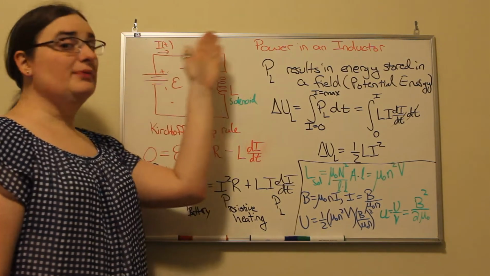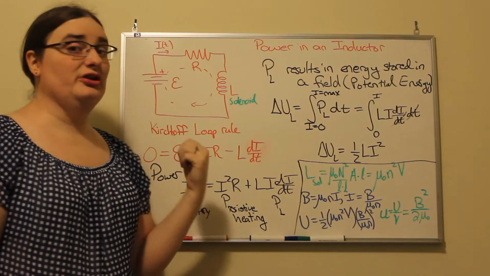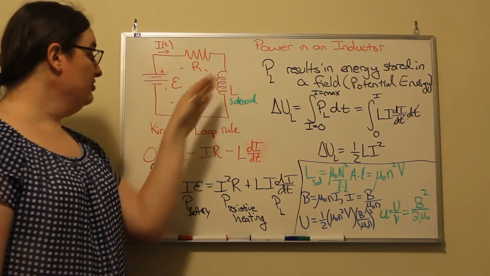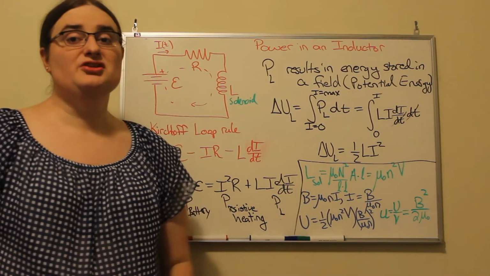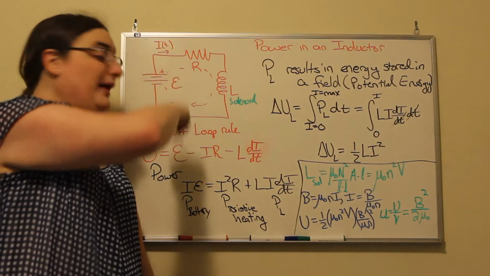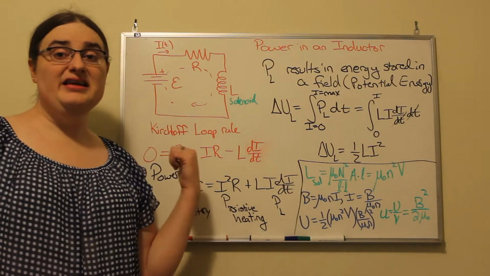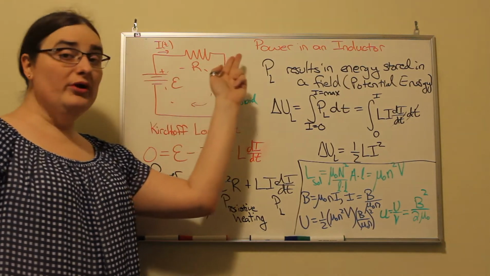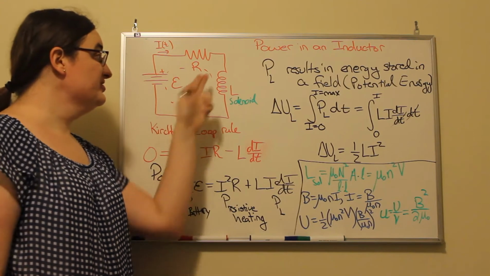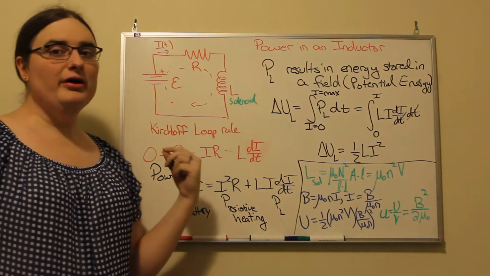So there's going to be some current traveling through this circuit. So from Kirchhoff's loop rule, around a loop, our total change in potential difference has to be zero. So we go up through our battery, that means we'd add the EMF of our battery, we're going with the current through our resistor, so it would subtract the current times the resistance, and we're going through our inductor.